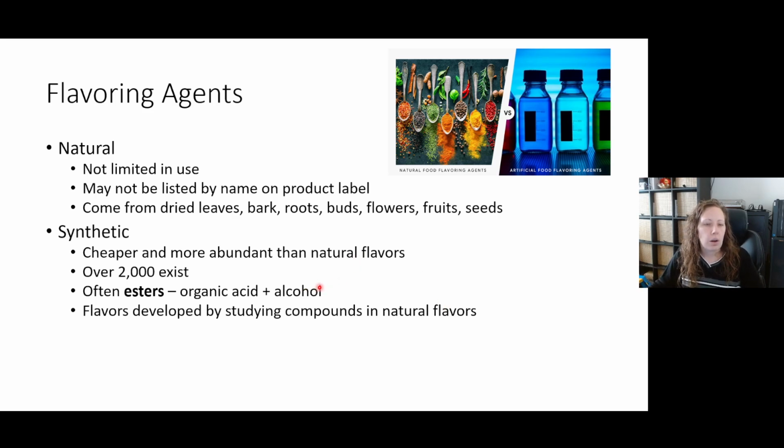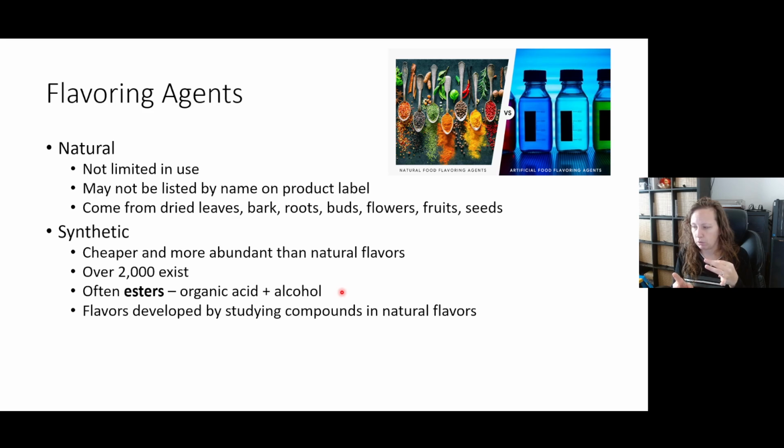So when these are manufactured, they are often, and here's a little vocabulary word, esters. And an ester is an organic acid with an alcohol attached. Okay. And so that's what these flavor compounds are. And the reason for that is most often our olfactory senses that detect aroma. Because remember, taste on our tongue is just sweet, sour, salt, bitter.